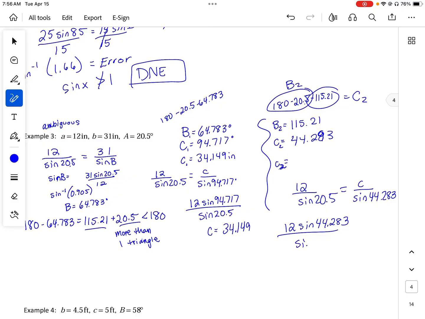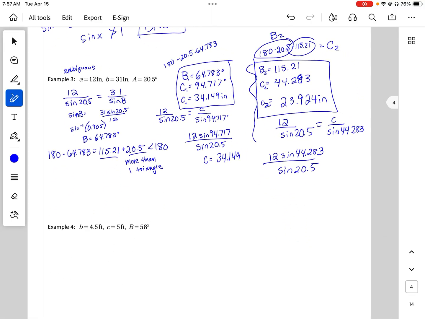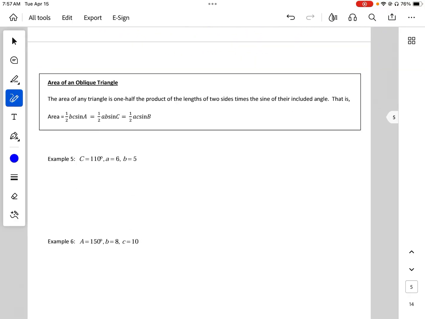So do the work, and that is 12 sine 44.283 divided by sine 20.5. Okay, and that ends up being 23.924 inches. So these are the two triangles that we could have given that ambiguous triangle. Okay, I'm going to have you do example 4 on your own.